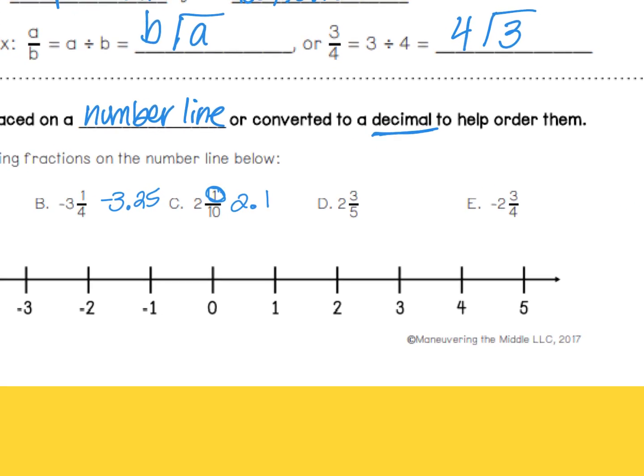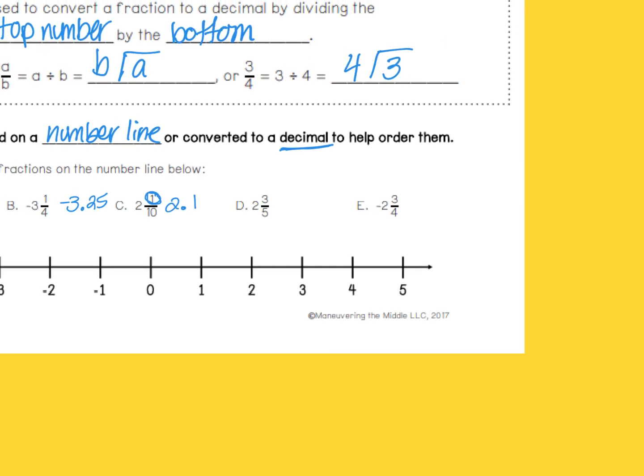When looking at letter D, I've got 2 3/5. Now, I don't know what 3/5 is right off the top of my head, so I'm going to go ahead and figure that out by dividing out that fraction. So over here, I'm going to take 3, my numerator, and divide it by my denominator. 5 can't go into 3 because 3 is too small.